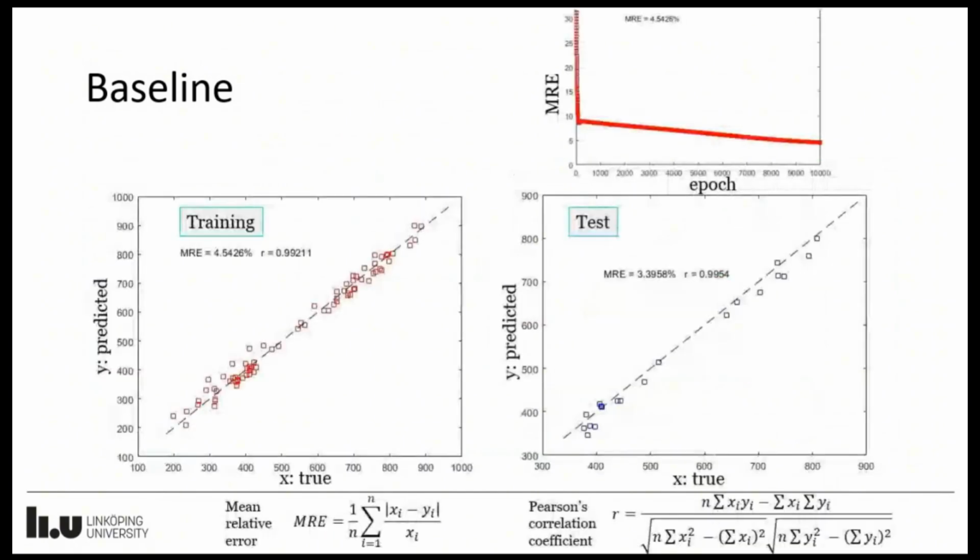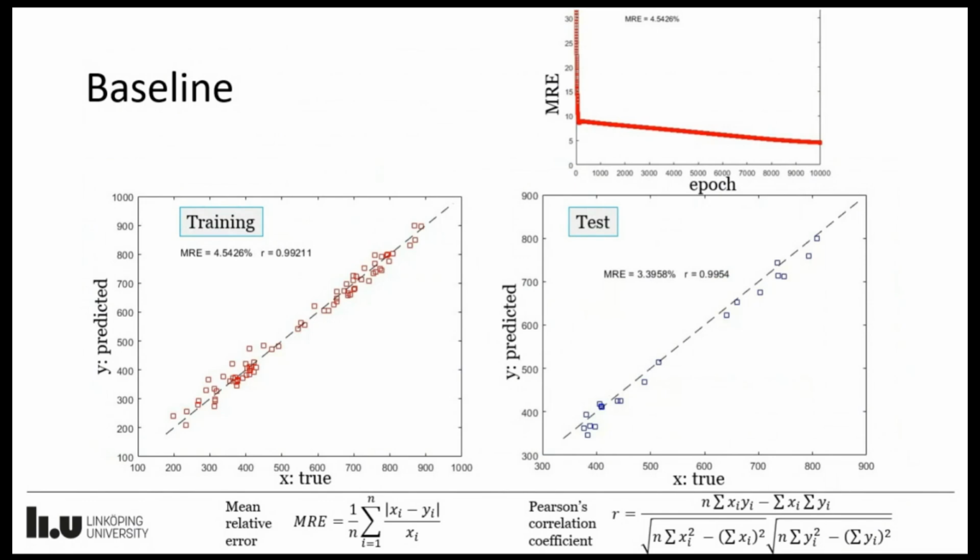And when we run here, we see the training, the mean relative error over the epochs, up to 10,000 epochs. And you still see that it's ongoing. I mean, we could continue to train this more and get a lower error, but we keep it at 10,000 epochs. And from here, we have the training and the test.